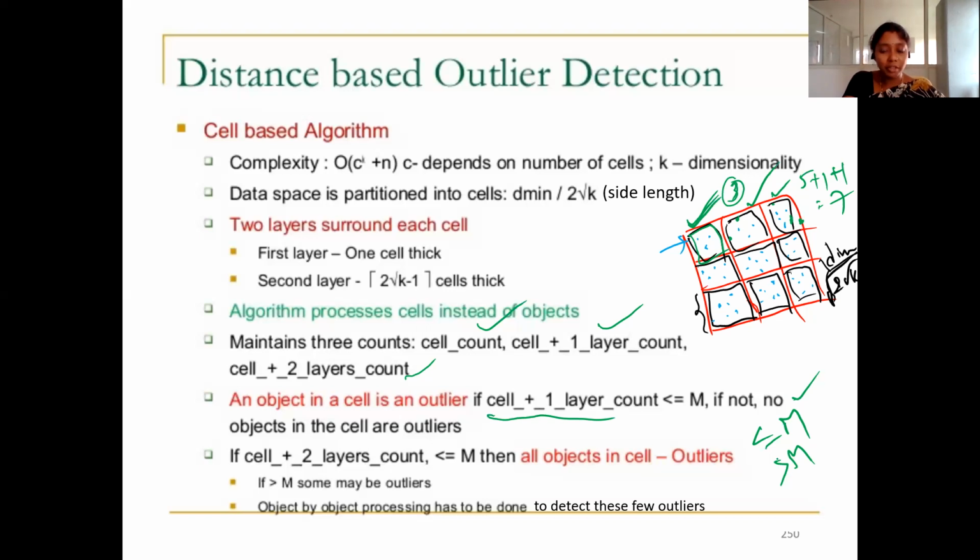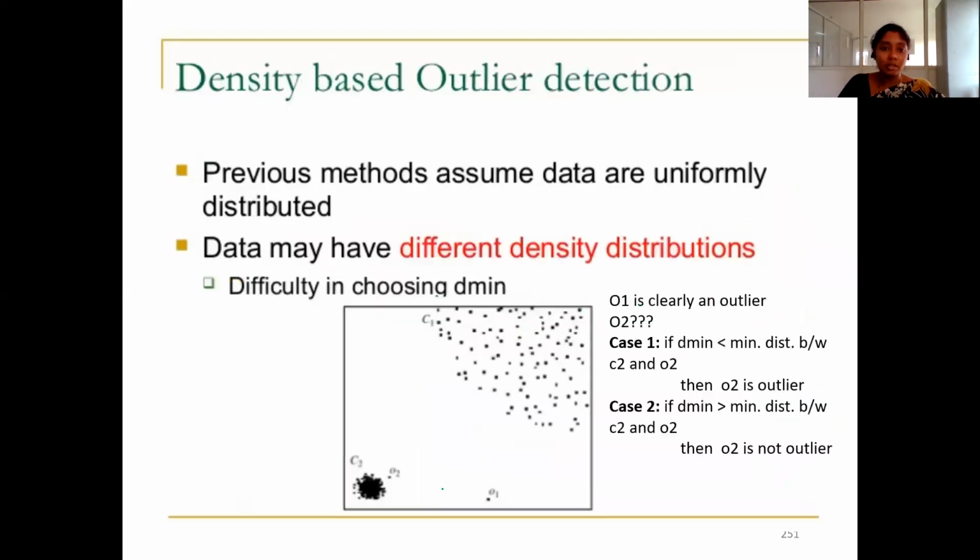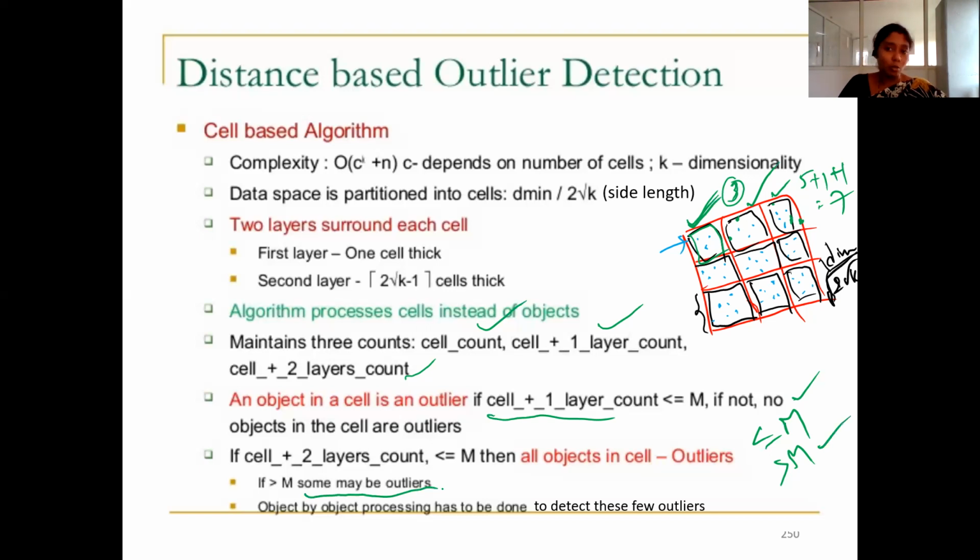Otherwise, if it is greater than m, then some objects may be outliers. To identify those few outliers, we need to go for object by object processing. We already know object by object processing from the previous methods. So this is all about the distance based outlier detection.